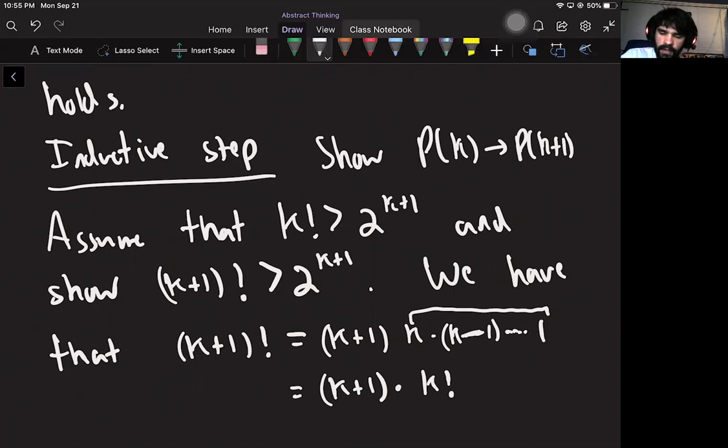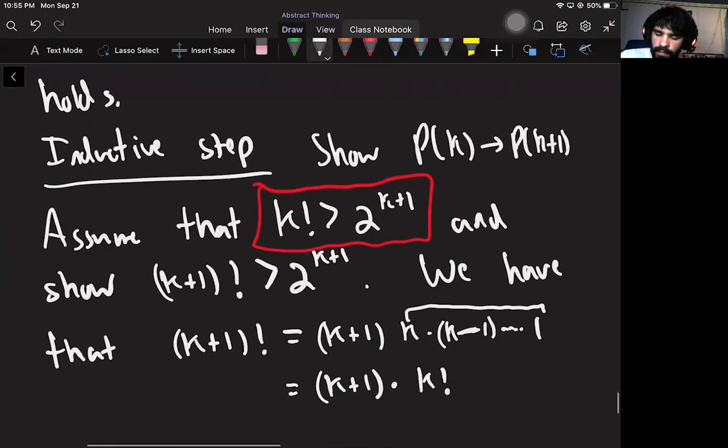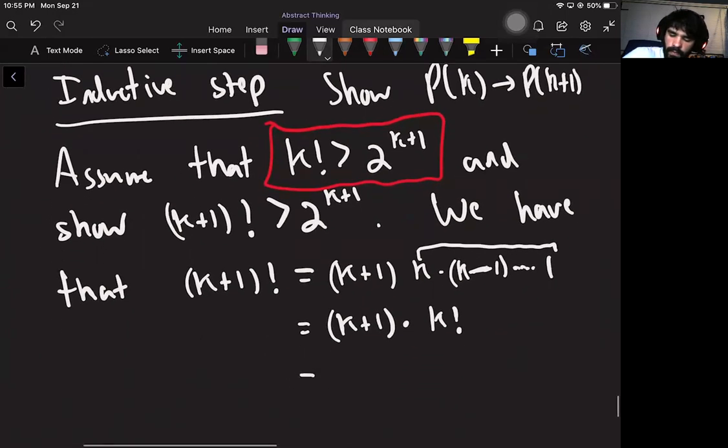And because I've assumed something about K factorial, now I can bring that fact in that I've assumed. So I've assumed that K factorial is already bigger than 2 to the K. And I'm using that to prove the next thing. So here's where I use it.